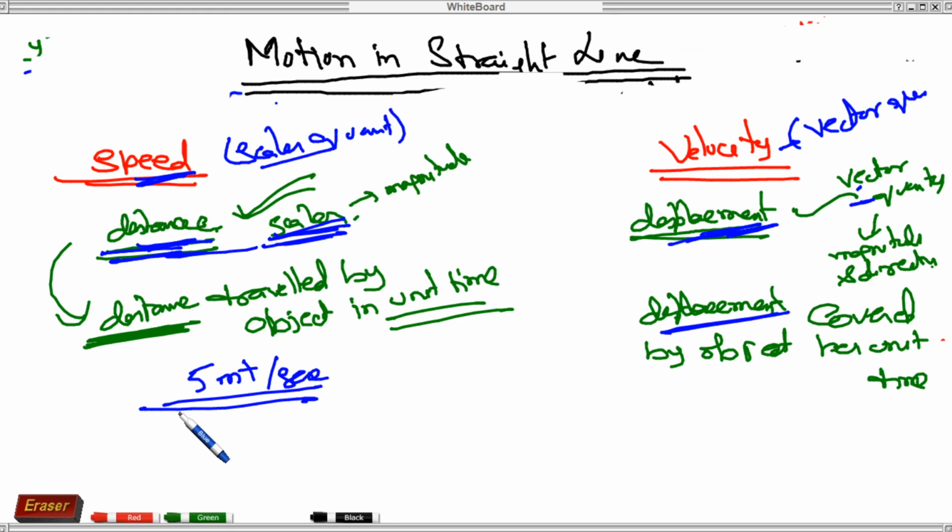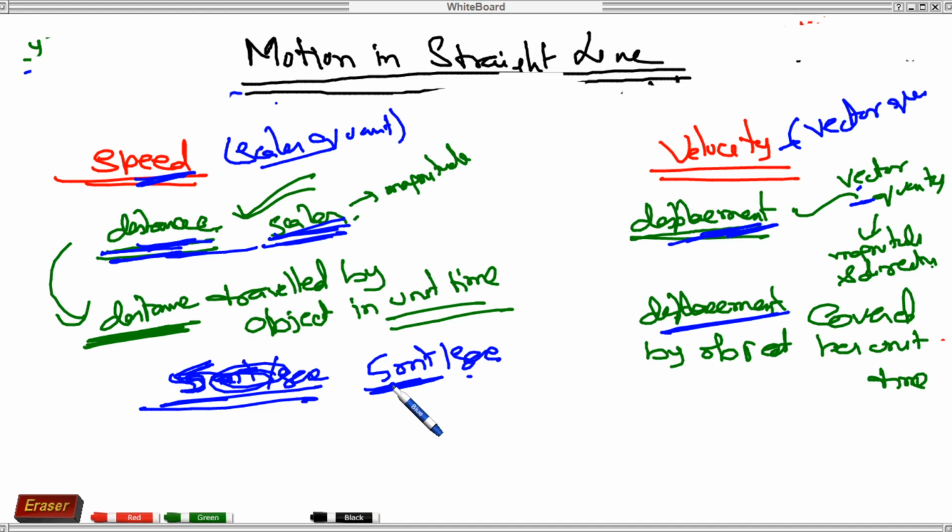So what I was discussing, like suppose speed is given 5 meter per second. So what it shows, like you can say 5 meter it traveled in 1 second. If it's given 5 meter per second, what does it mean?